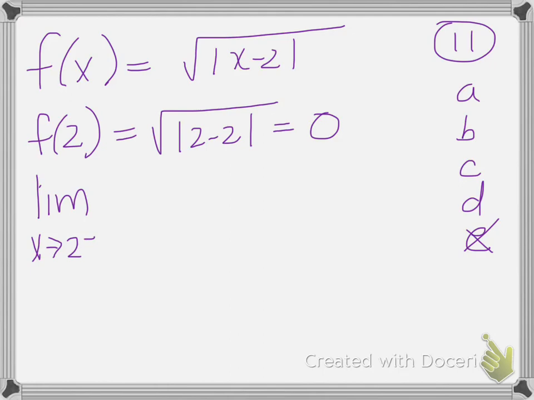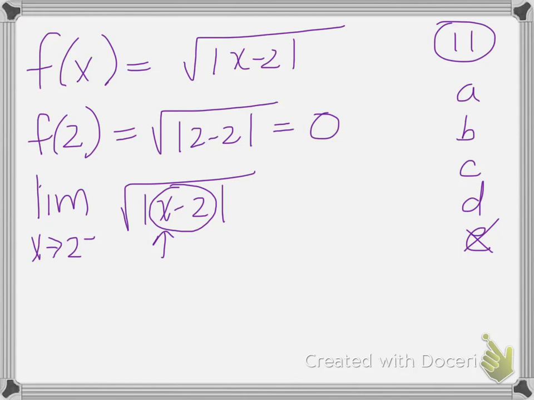So what you have to consider is that you're substituting into this function. If you're less than 2, for example, like 1.9, if you put 1.9 into this x, or really for that matter, anything smaller than 2, the inside of this thing will be negative. But the negative of that will become positive because it's absolute value.